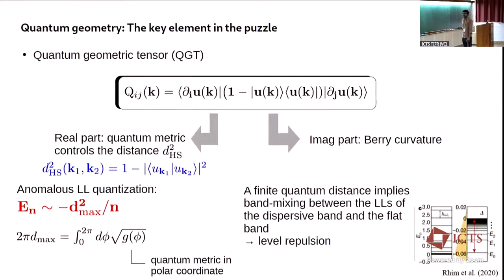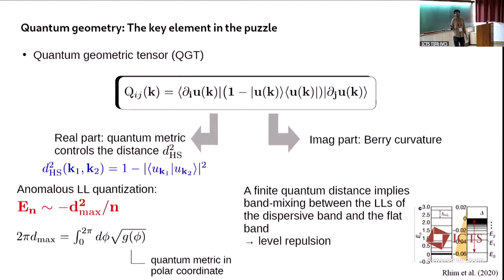A very simple way to understand this is: if you take the Hamiltonian that gives you the gapless flat bands, apply magnetic fields, and go to the number operator basis, which is the usual way of calculating these Landau levels, then you find that this kind of spreading happens due to the band mixing between the Landau levels of the flat bands and the dispersive band.